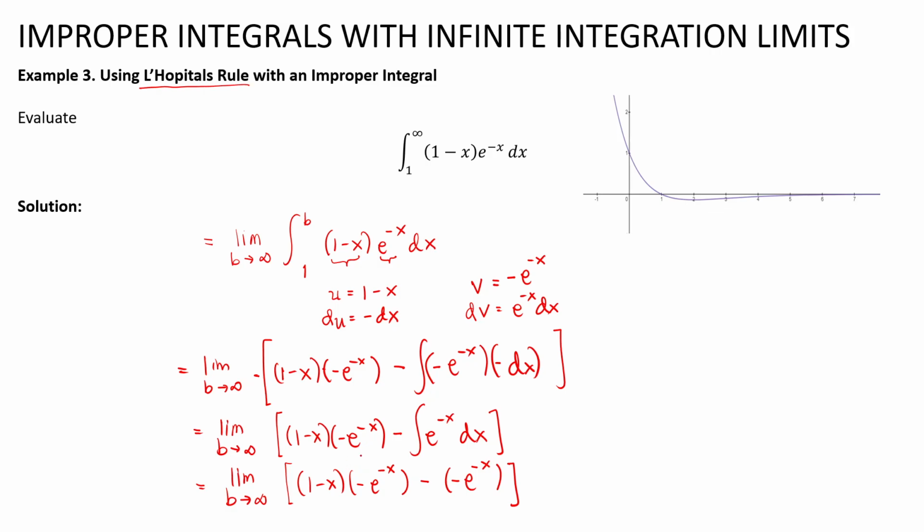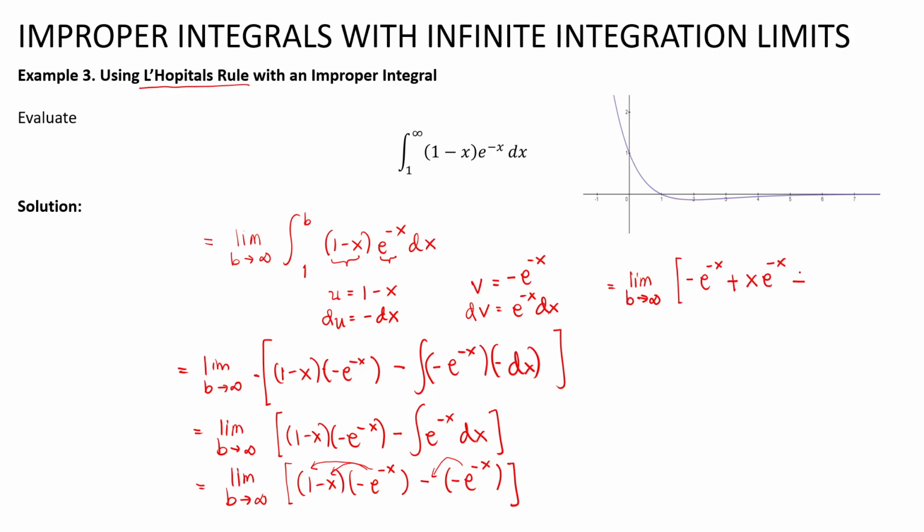So evaluating, if we try to distribute this one, then we distribute this one also. So this gives you the limit of b approaches infinity, and then you're going to have negative e raised to negative x, and then you're going to have positive x e raised to negative x.